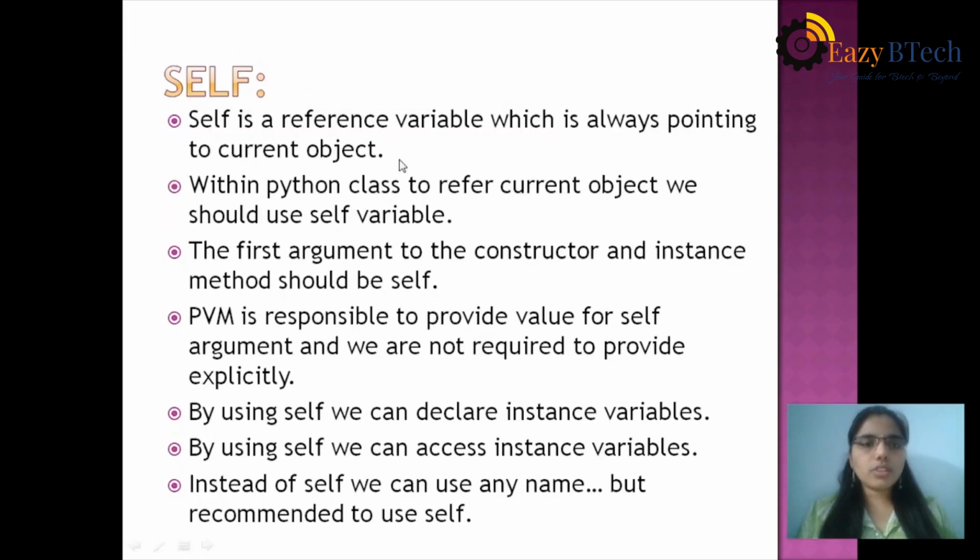So what is self? Self is a reference variable which is always pointing to the current object. Within a Python class, to refer to the current object, we should use the self variable. The first argument to the constructor and instance method should be self.